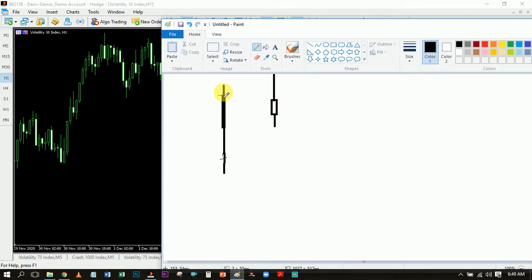Now, if you look at this, you'll notice that this is a small wick upwards here. This is the body of the candlestick and it's bearish. But you notice that there is another long wick beneath here. This tells you that the market pulled down from here to here. This is the downtrend, but the market also pulled up from here to here.